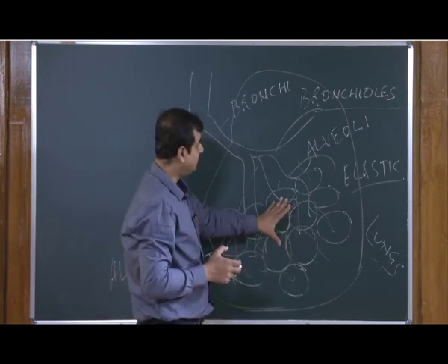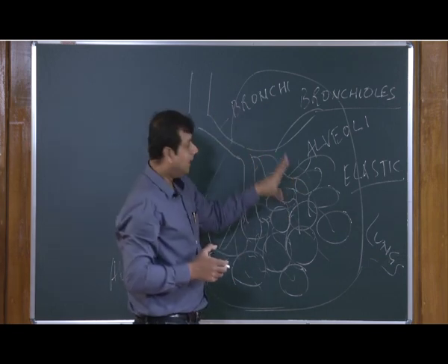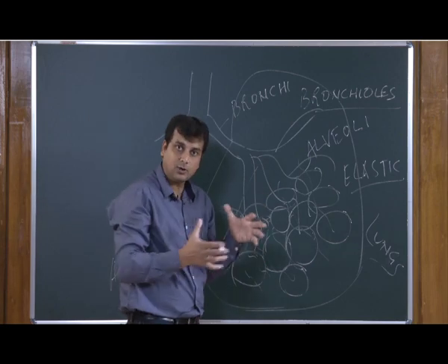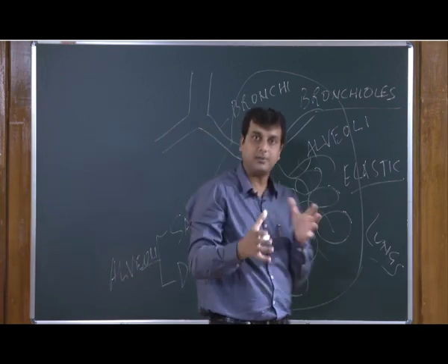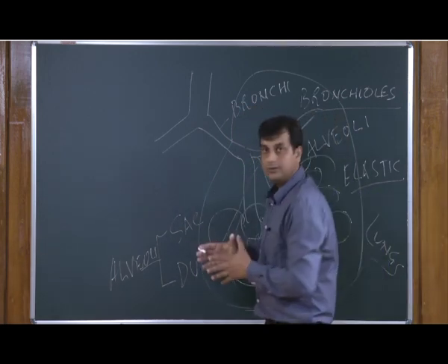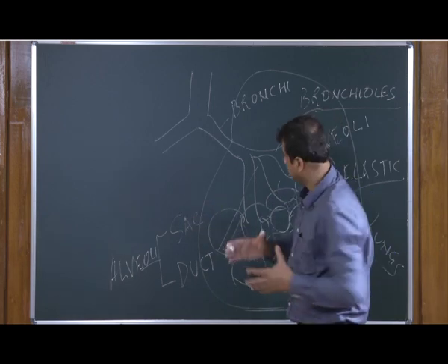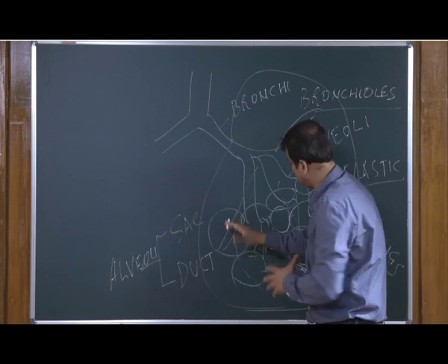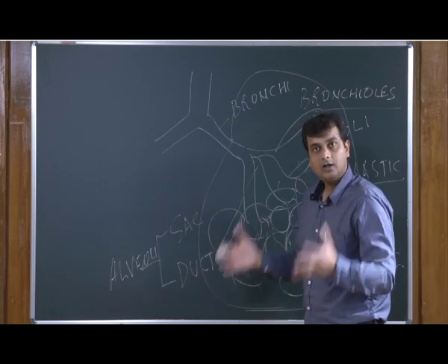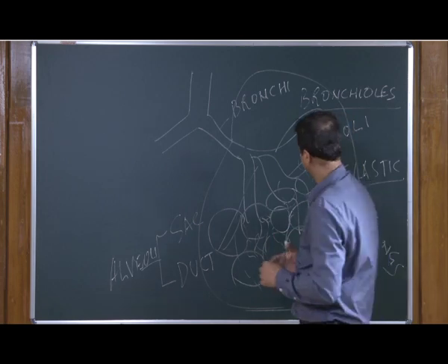This terminal part is very flexible, and the regulation of ventilation, which we discussed at the very beginning of our lecture, is needed to intake air. Pulmonary ventilation is very much regulated by these elastic filaments, and of course, many muscles are involved in this process, which we will discuss in our coming lecture.